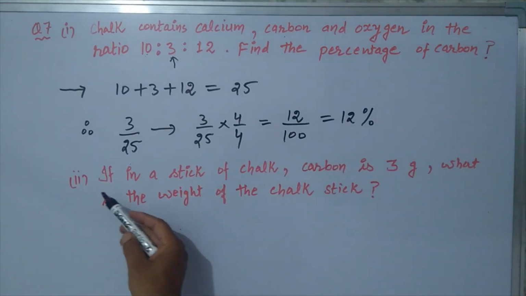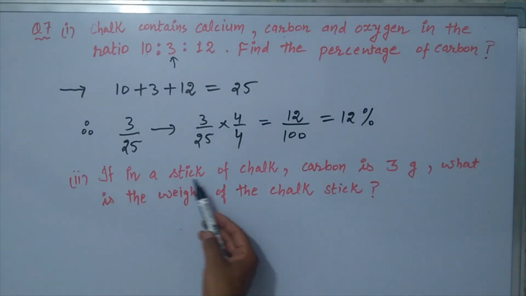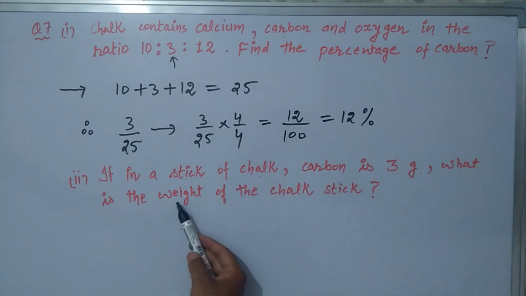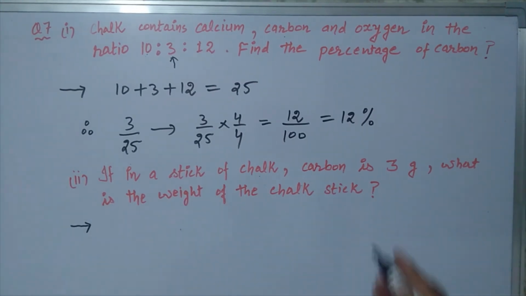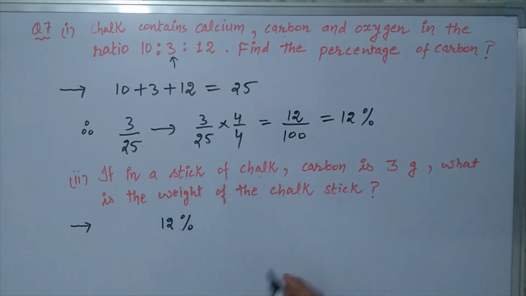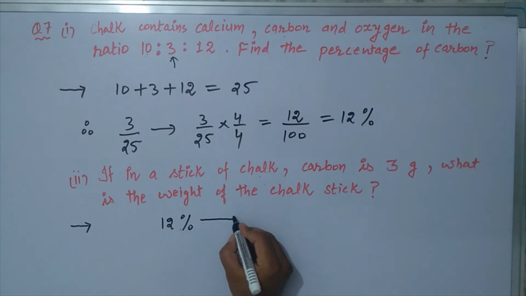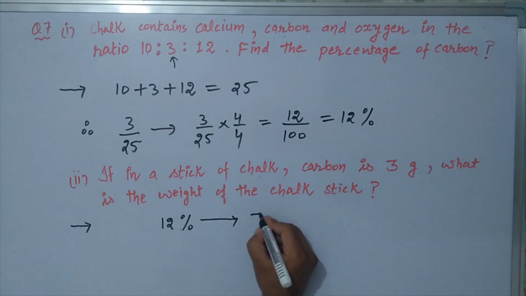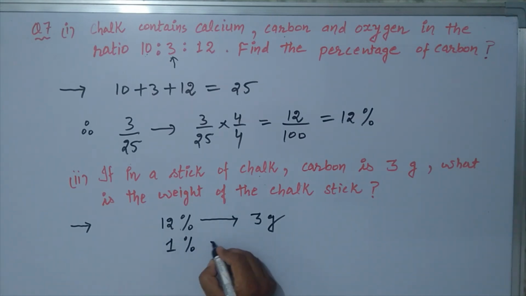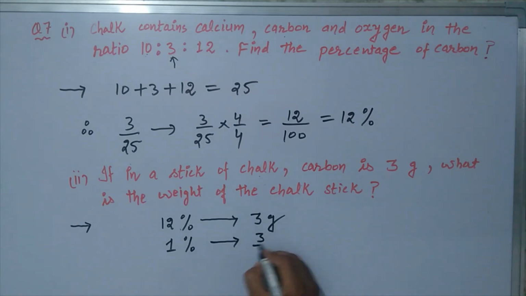12% carbon is present in chalk according to the given ratio. Now second part of the question is, if in a stick of the chalk carbon is 3 gram, what is the weight of the chalk stick? So here we have 12% is the carbon and this becomes 3 gram. So this means 1% is equal to 3 divide 12.